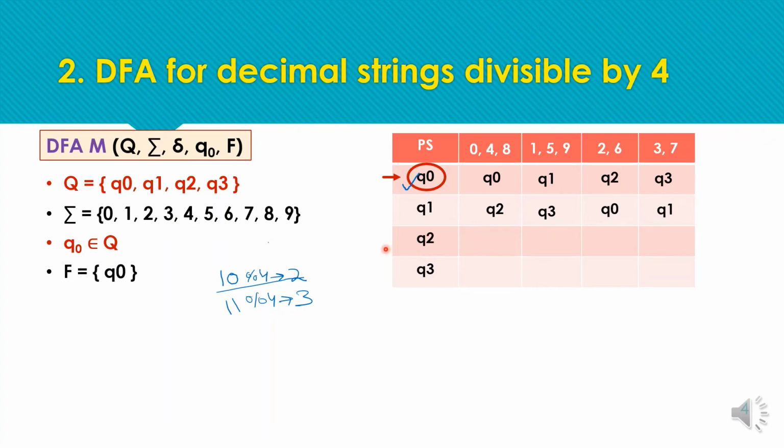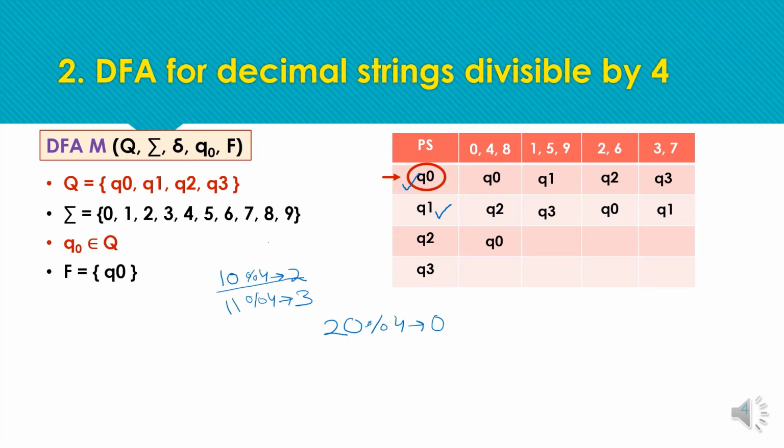Okay, next, we can now mark Q1 as a complete state, as we have drawn the transitions for Q1. Next, being on Q2 means we have received the remainder 2. On getting a 0, the remainder is going to be 0, so we need to move to the state Q0.